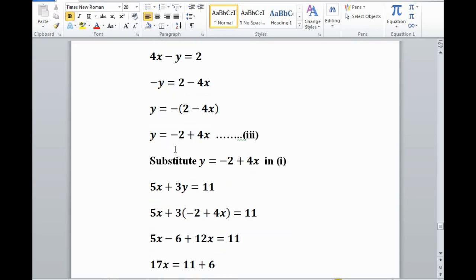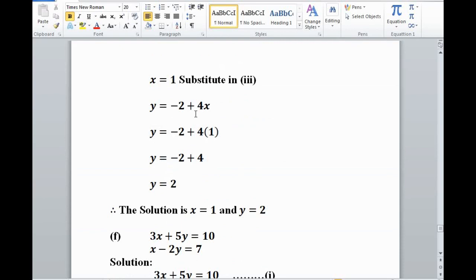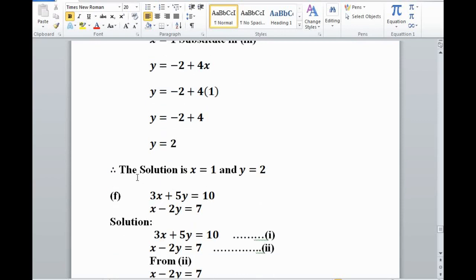So equation 3 is y equals negative 2 plus 4x. First I will write this equation and then I will replace this x by 1. So y equals negative 2 plus 4 into 1. 4 multiplied by 1 is 4, and minus 2 plus 4 is positive 2. So therefore the solution is x equals 1 and y equals 2.